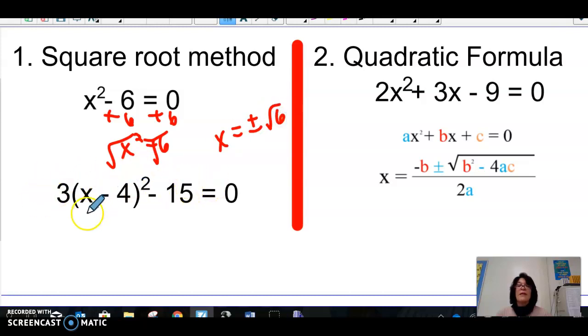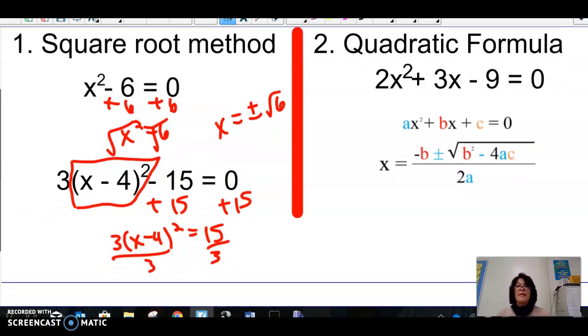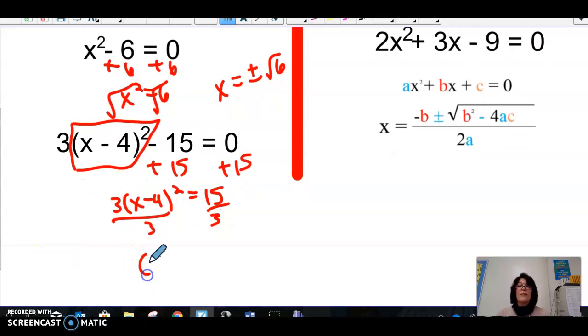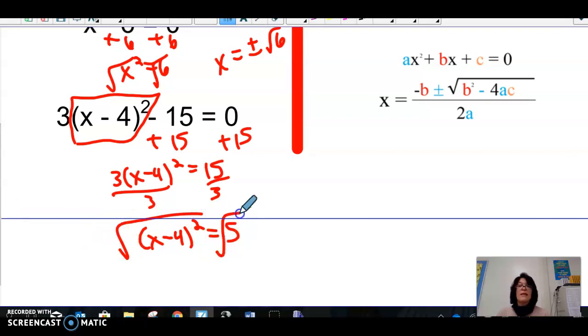Same thing here, but what I'm trying to isolate is whatever is squared. So I'm going to add 15. I get 3 times x minus 4 squared equals 15. I divide by 3. I'm trying to isolate the x minus 4 squared. I get x minus 4 squared equals 5.